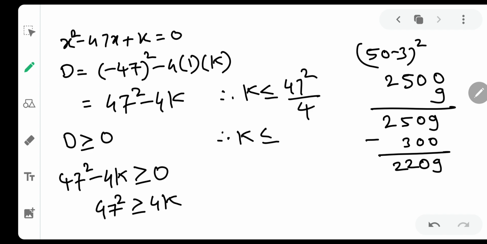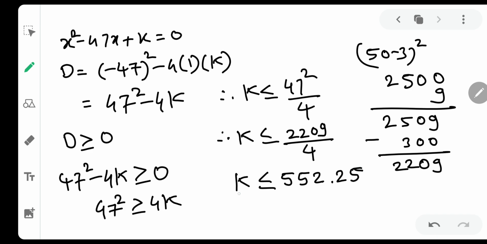So 2209 is the square of 47. Divide by 4. Let me calculate this. 4 5s are 20, 4 5s are 20, 4 2s are 8, and then 1 remains, 4 2s are 8, giving 552.25. It means as long as the value of k is less than or equal to 552.25, the equation will have real roots.